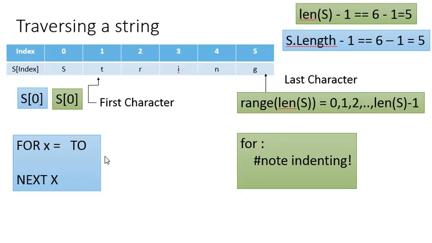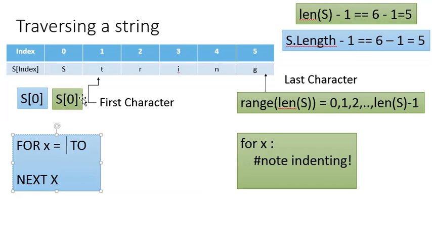So let's suppose I now want to traverse the string. I want to walk it, I want to go from beginning to end. We use something called a for loop, which is going to count, and I need a variable in both cases. I need a variable x, which is going to represent my index. In pseudocode, the notation is very straightforward. Where do I want my loop to start?